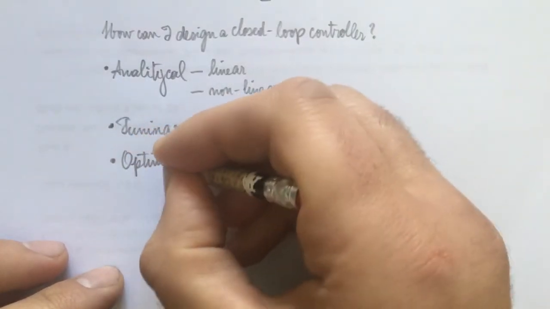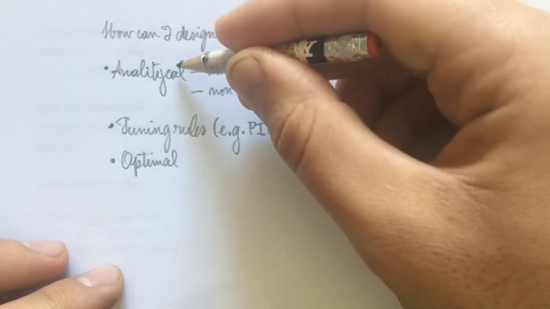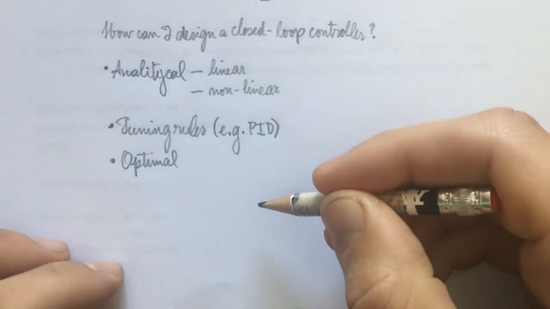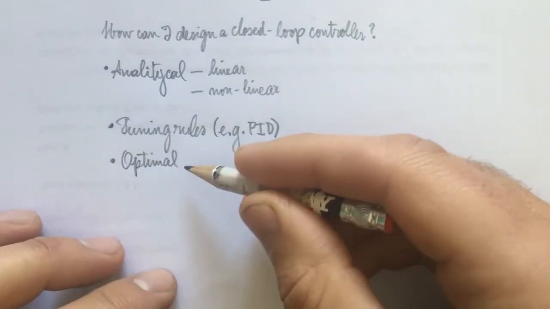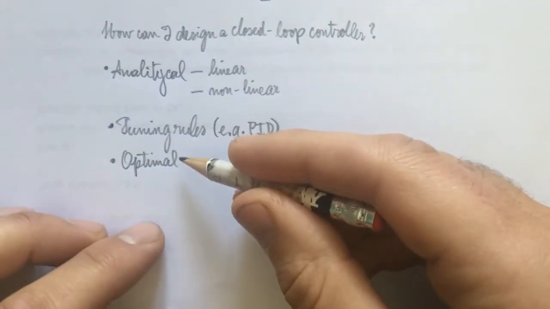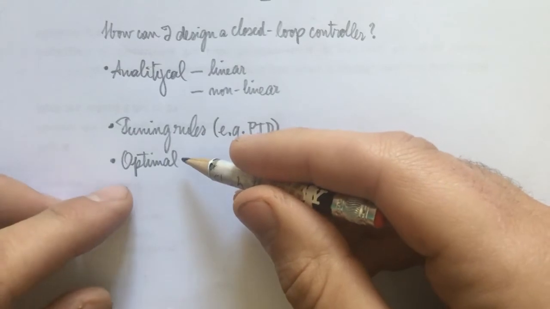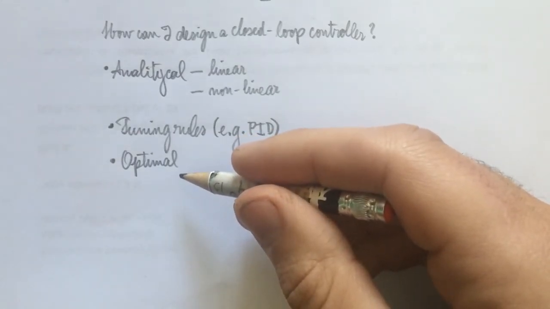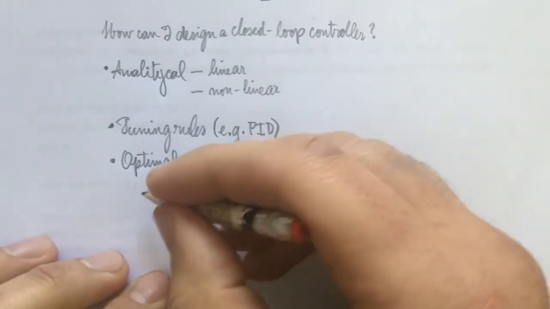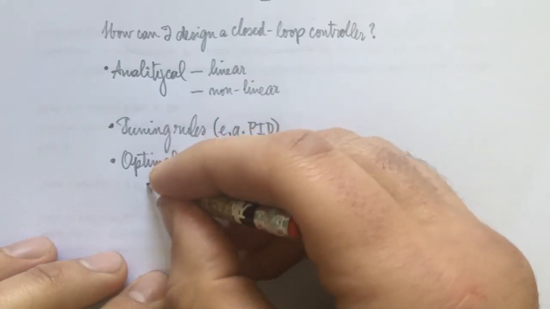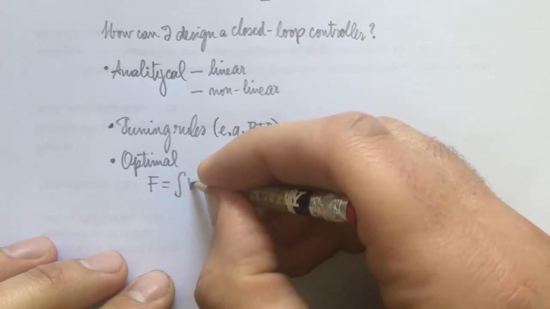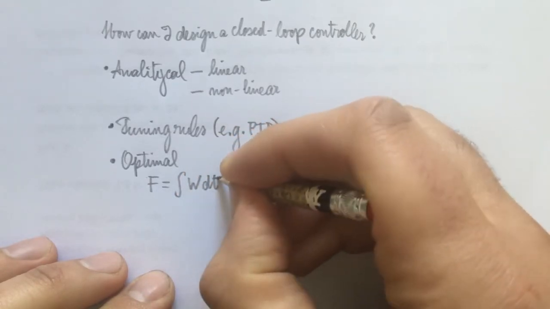Then there is optimal control. Optimal control is also a type of analytical method to design a controller in which I optimize a certain function. An obvious application for an ocean energy converter is a function that includes the power delivered to the grid.